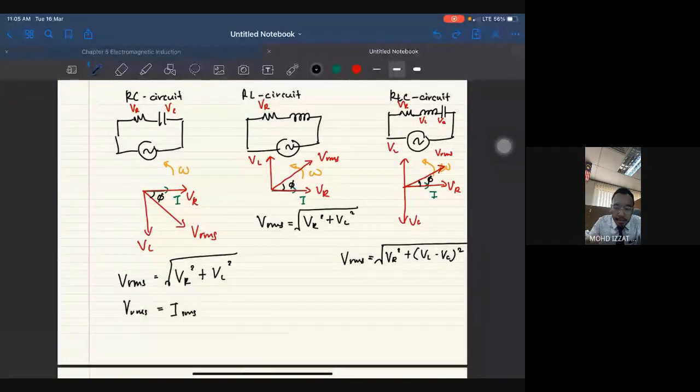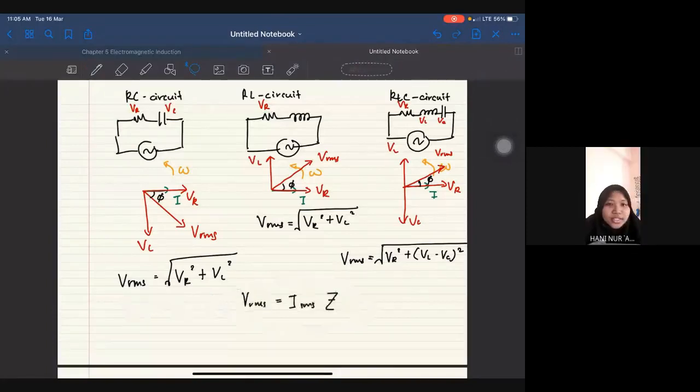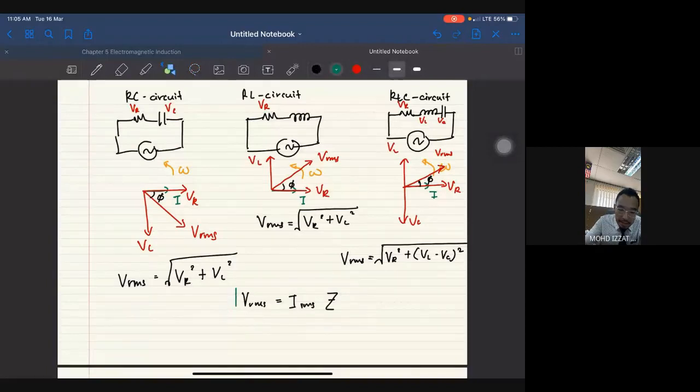Tapi untuk syllabus ni kita ada Z. Z tu apa? Impedance. Yes. Okay. Z is actually impedance that is represented by the symbol Z, and it actually has the same unit with resistance which is ohm lah. Dia adalah total resistance in a circuit.